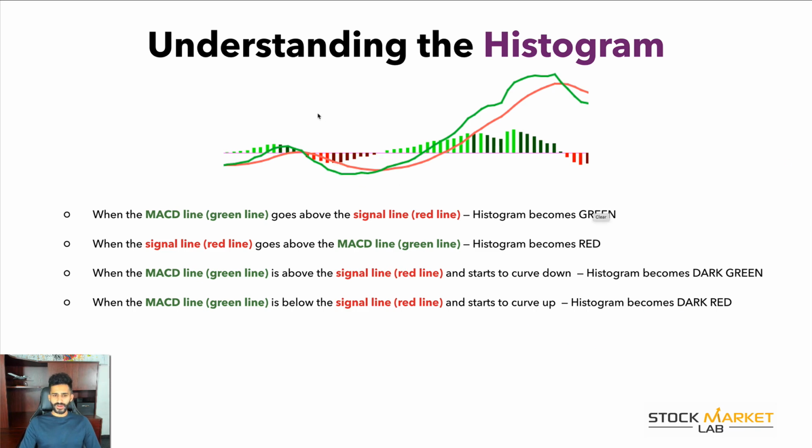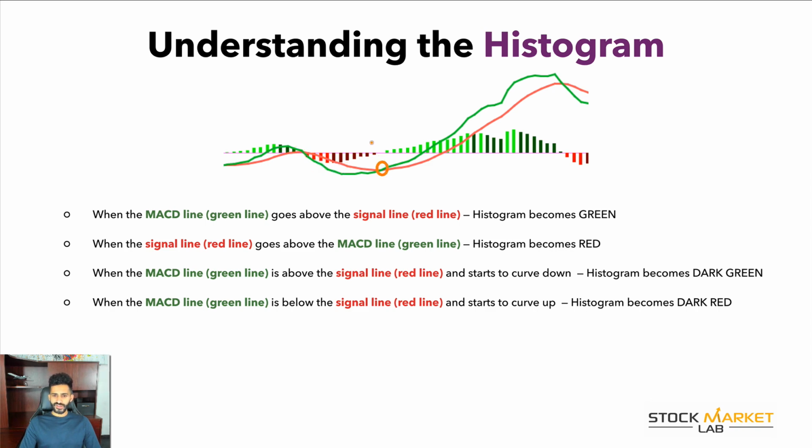So if you take a look right here, see how the cross happens? Once the cross happens and the MACD line goes below the signal line, it's light red. The wider this gets, the wider the bars are going to get. Once they start getting tighter, or the MACD line or the signal line start curving, this switches colors, showing momentum is slowing down. Same thing here.